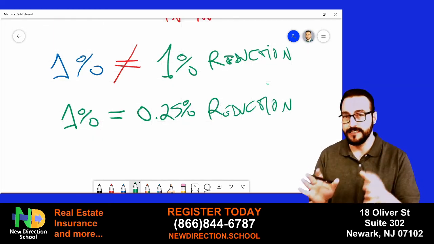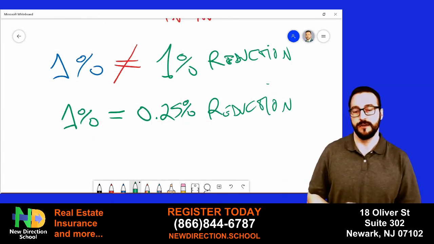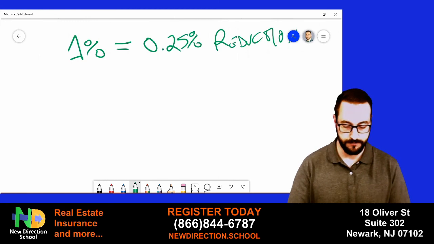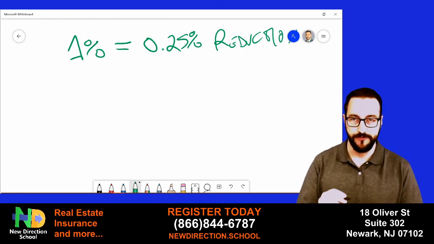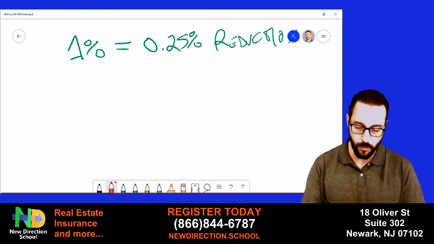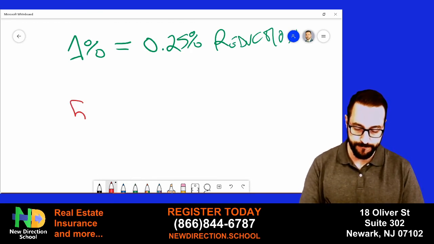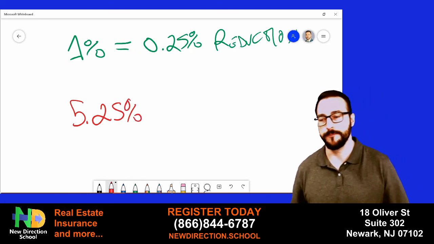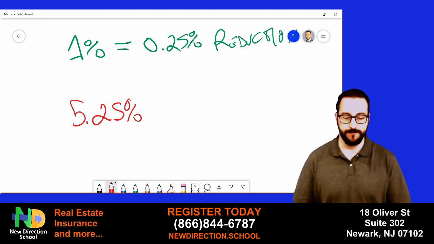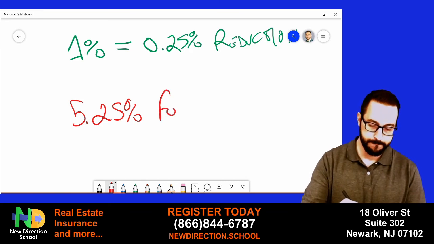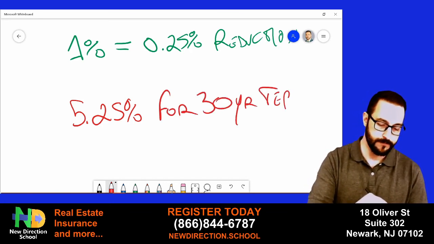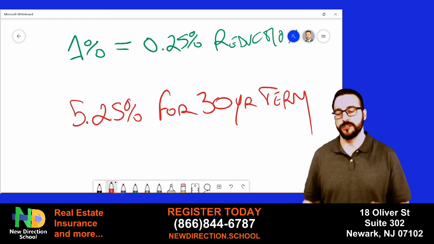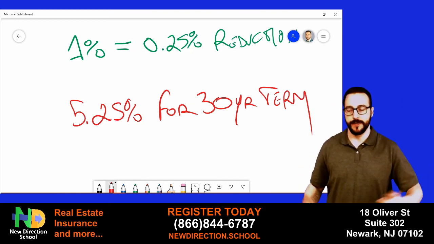So in this example only, and I'll show you the examples in a sec, let's say your interest rate was 5 1/4. This is your interest rate for a 30-year term. That means your mortgage lasts 30 years, okay?